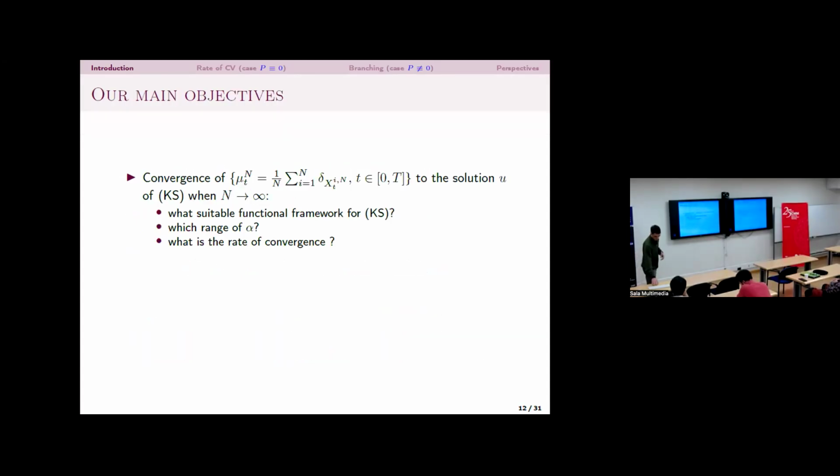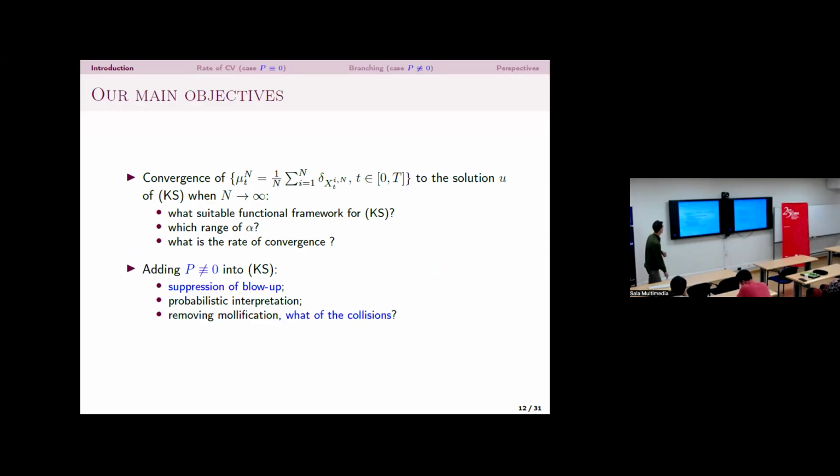Okay, so the question I will ask here is how this mu n converges to the PDE, and in particular, I'm interested in obtaining a rate of convergence for mu n, and also in which sense.